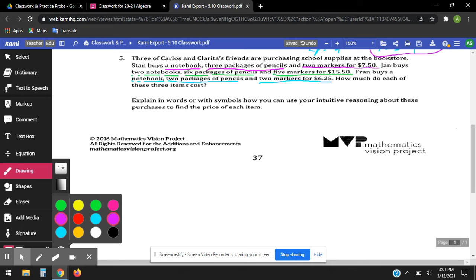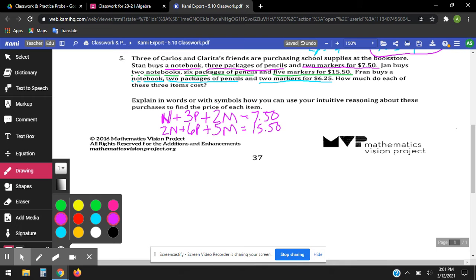So let's go ahead and just write them out like we would have those. So we have 1 notebook, I'll just do N for notebook, plus 3 packages of pencils, and 2M for markers, and that costs $7.50. We also had 2 notebooks and 6 pencils and 5 markers equaled $15.50.